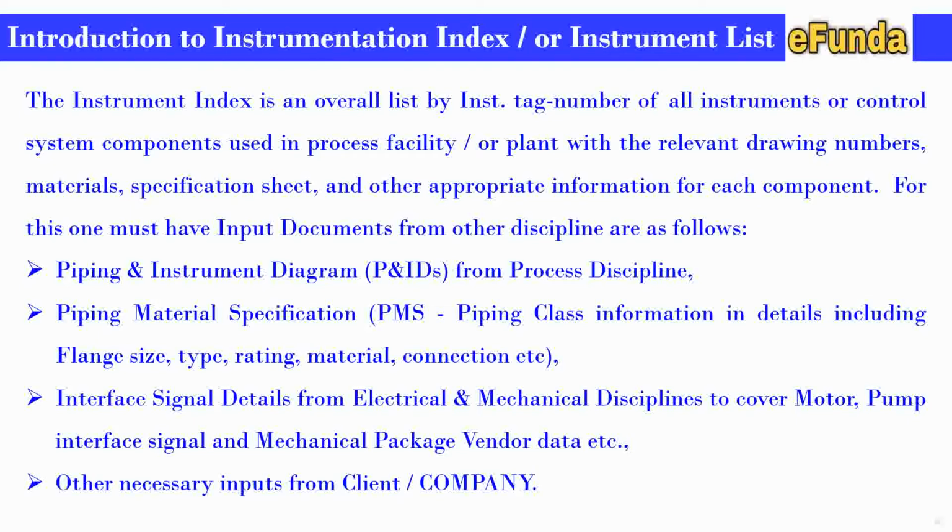These are the basic information required, and that will be covered as part of the instrumentation index, which is an overall summary of all the instruments being used in that particular plant or facility.